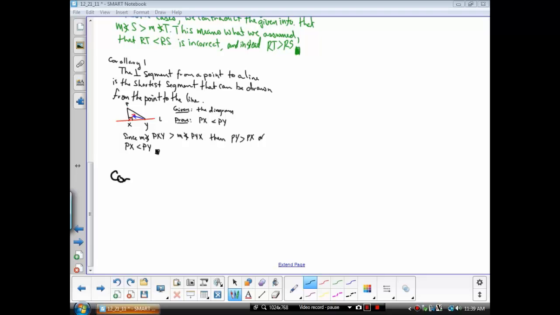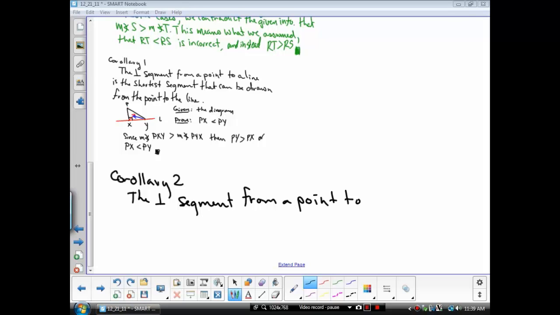So corollary 2: a perpendicular segment from a point to a plane is the shortest segment from the point to the plane.